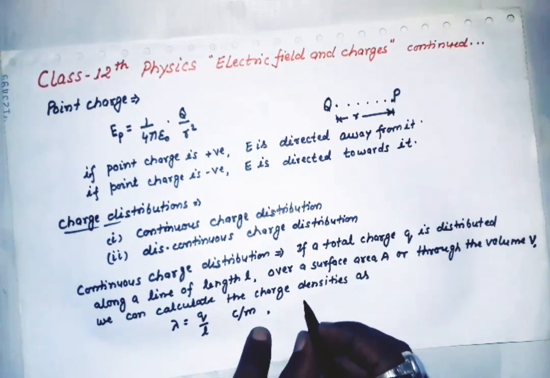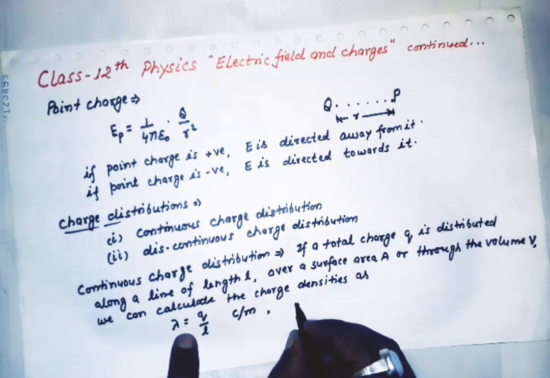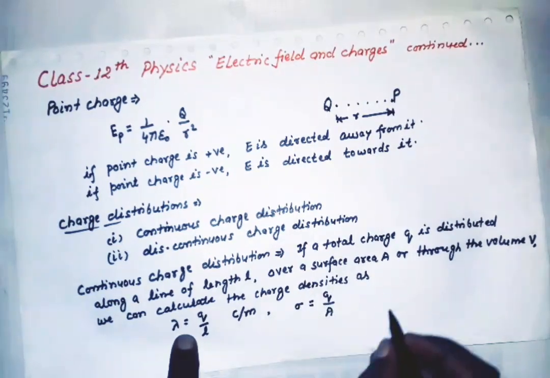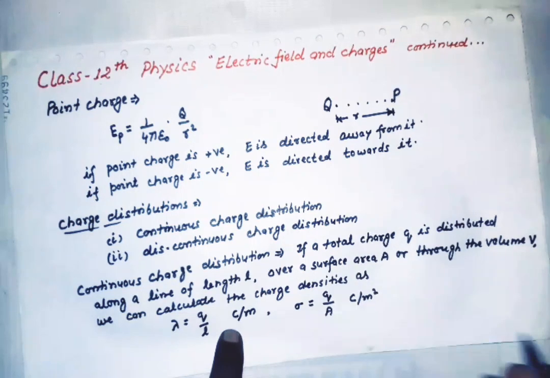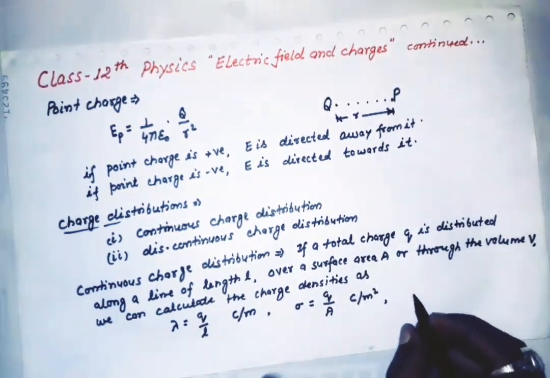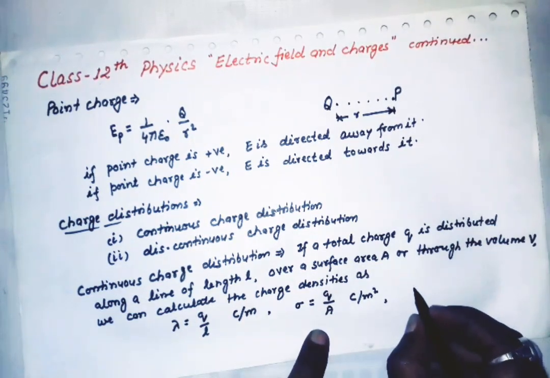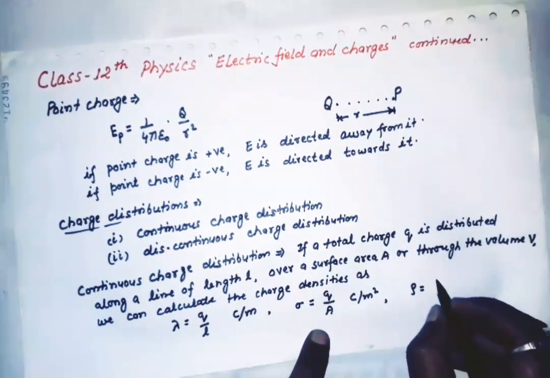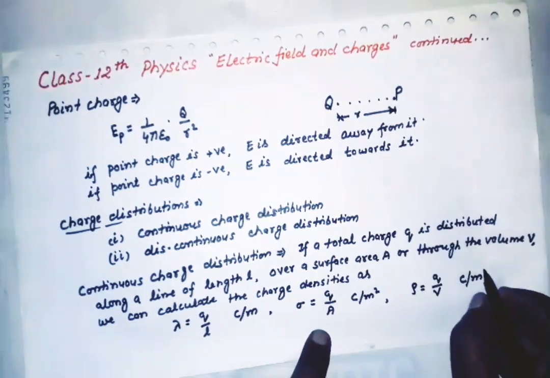Charge per unit area is denoted by sigma, sigma is Q by A, so this will be coulomb per meter square. And charge distribution through a volume is denoted by rho, rho is Q by V, that is coulomb per meter cube.